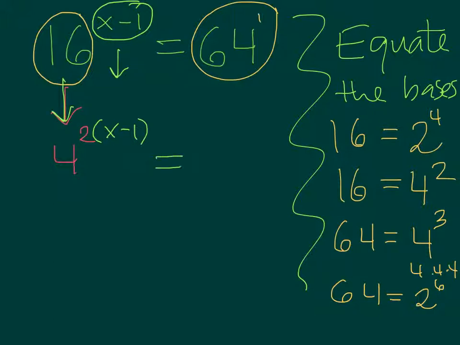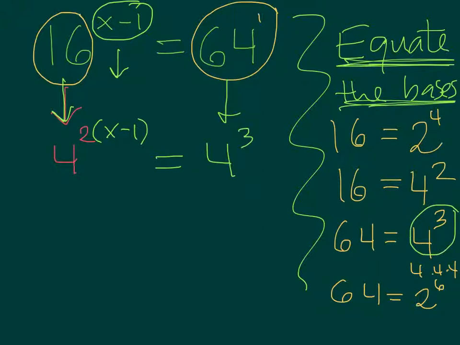Now I'm going to set that equal to, and I want to have the same base as on the left side, so I will rewrite 64 as 4 cubed.